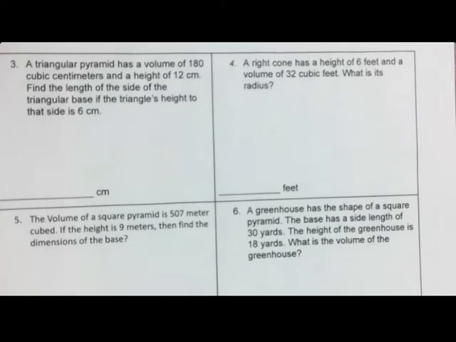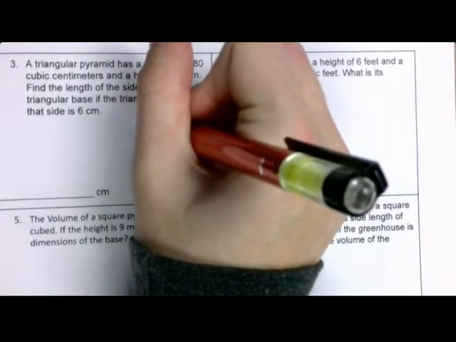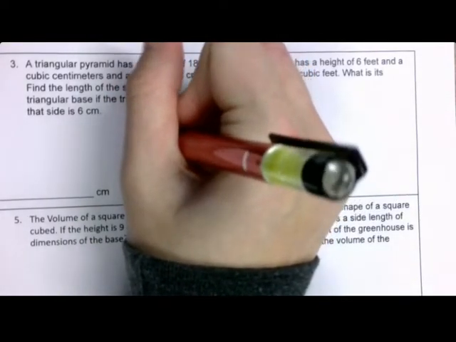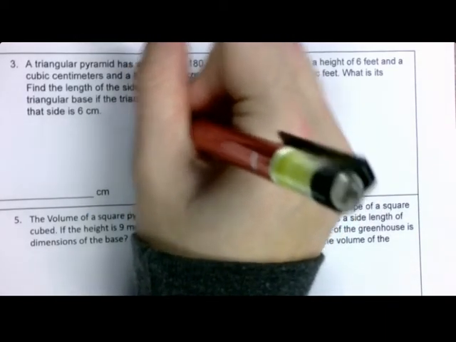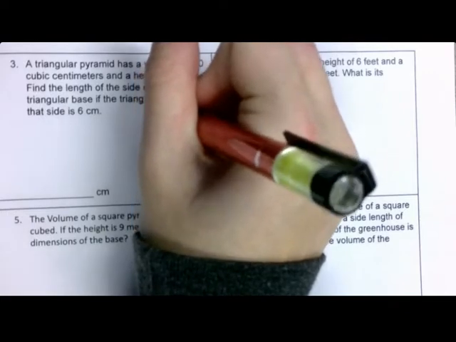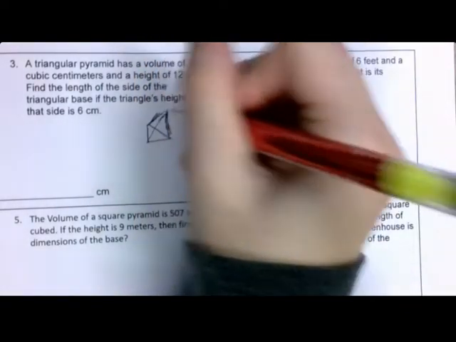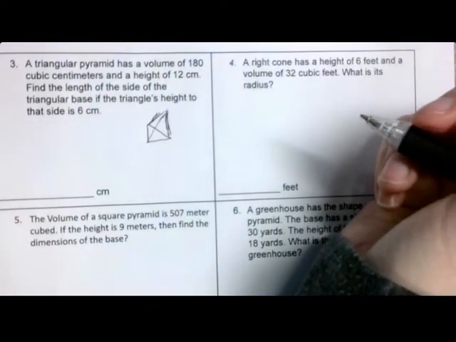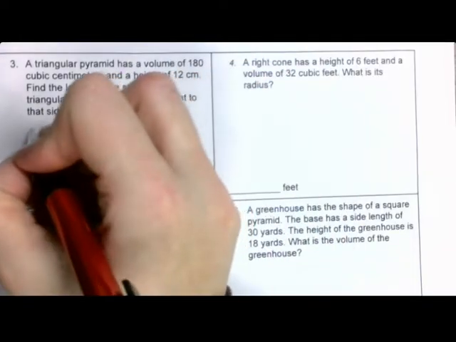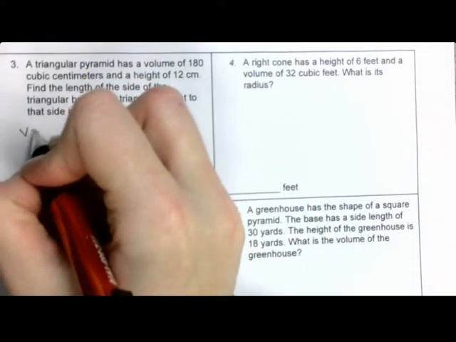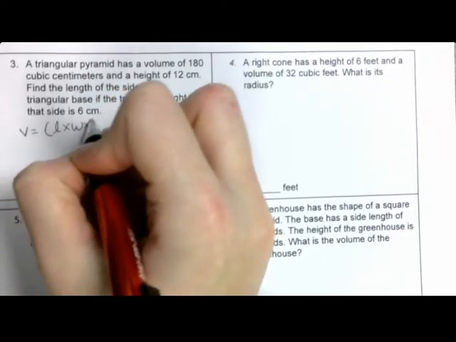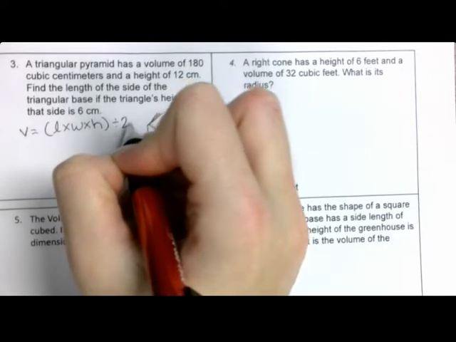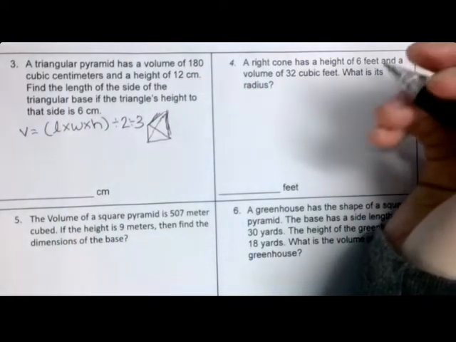Couple more. A triangular pyramid has a volume, so we're going to do this best we can. We have a triangle, and the triangle comes to a point. All right. The volume of a triangular pyramid. So this is length times width times height divided by 2 and divided by 3. It's got 2 things going on.